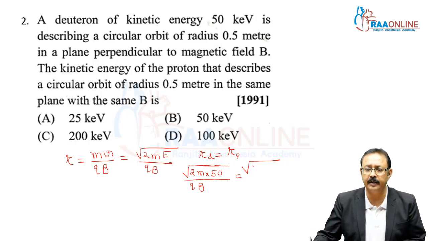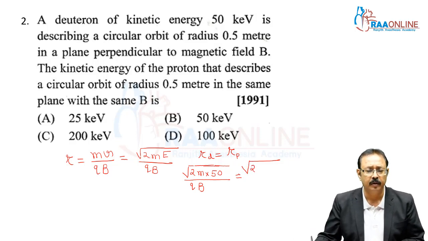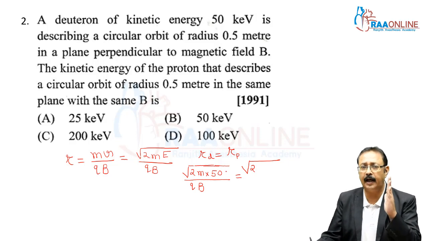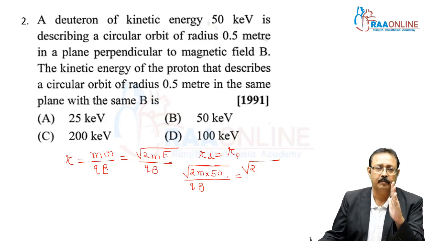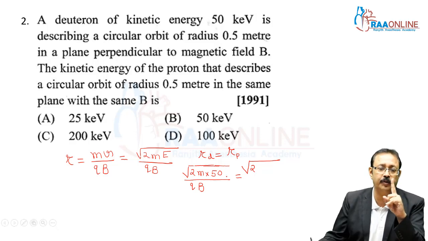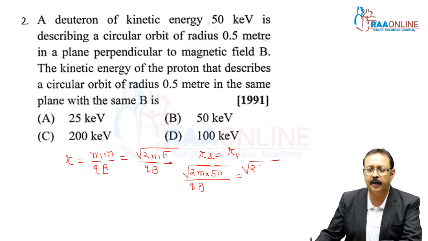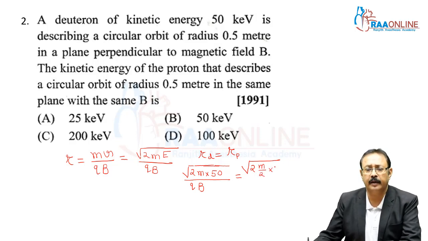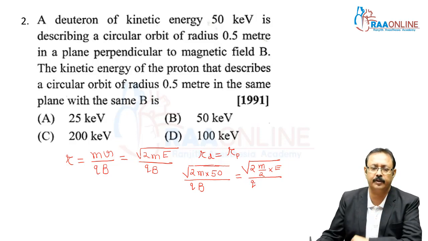See, it is 2. Mass of proton is half of mass of deuteron, because in a deuteron there is 1 proton and 1 neutron. So in place of mass we have to put m by 2. We want to calculate energy. E is unknown. Charge is same on proton and deuteron. Deuteron has 1 proton in its nucleus.